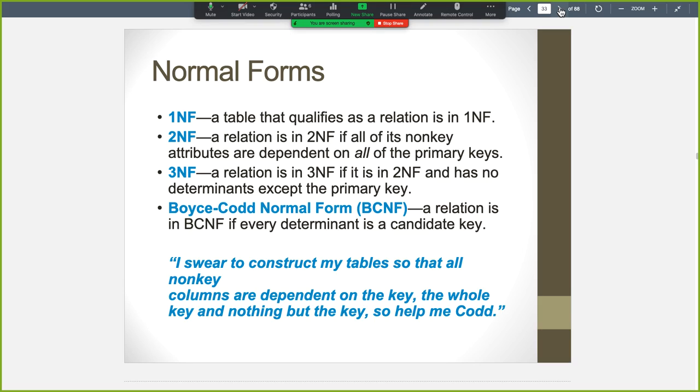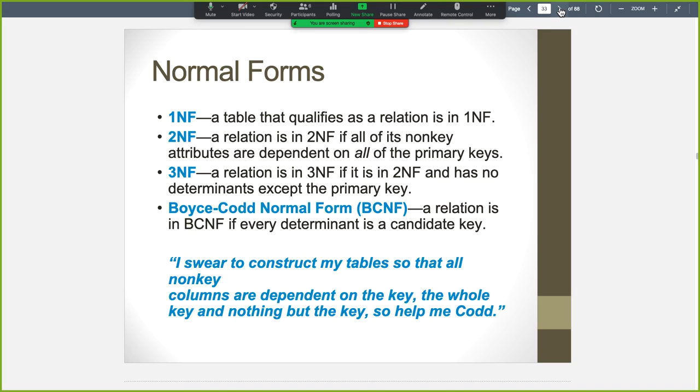This Boyce-Codd normal form, in a way, probably takes a little more time to explain, but we are going to use an example to understand the concept, and that should be enough. BCNF relates to multi-column or multi-attribute keys.